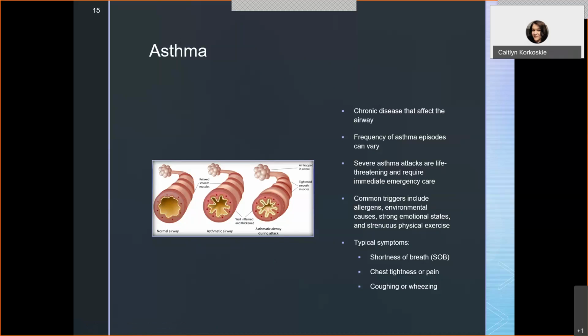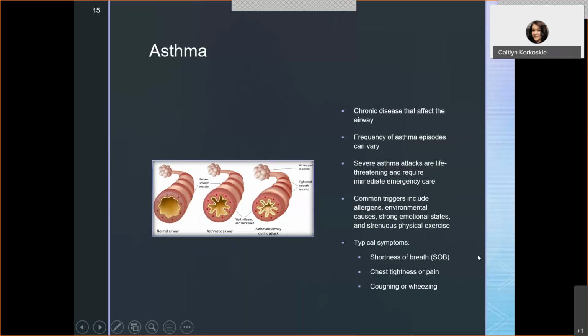So, certain environmental causes. Sometimes it could be someone wearing a strong perfume, which causes their airway to restrict. It could be due to allergies. It could be due to strenuous activity, so if they're working out and then their airway starts to constrict.